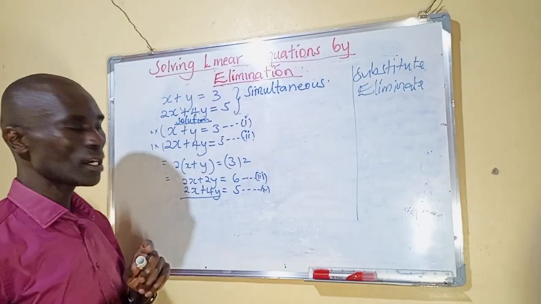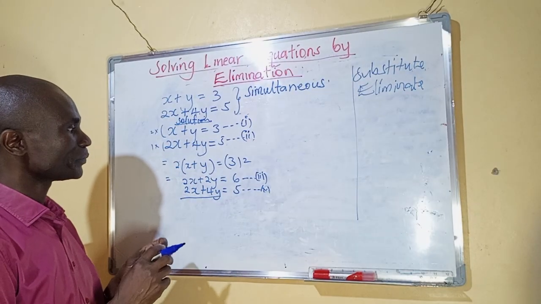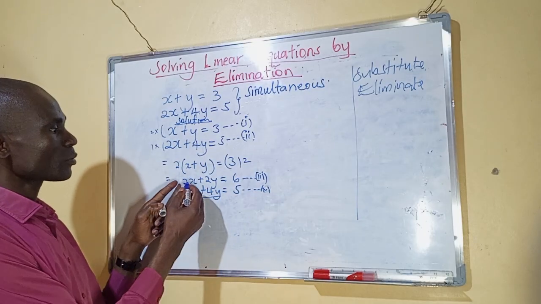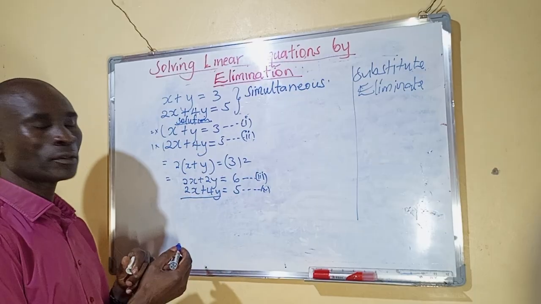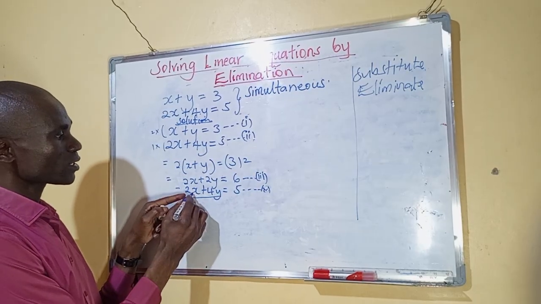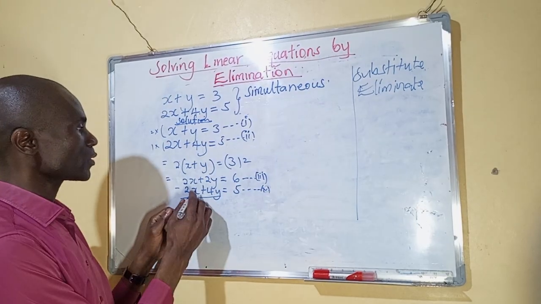Now, up to there, we can subtract any of the equations from each other. We can subtract this one from here. So we have 2x minus 2x, which gives you 0, of course.